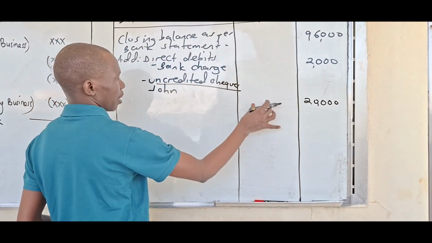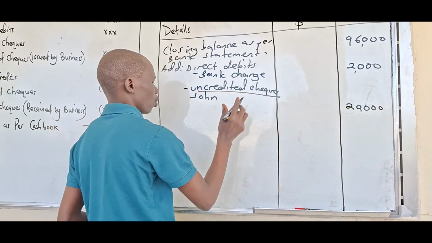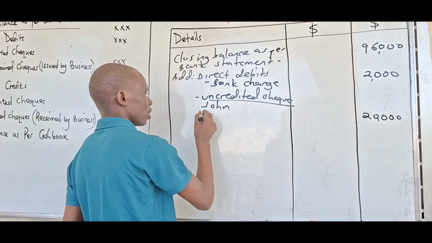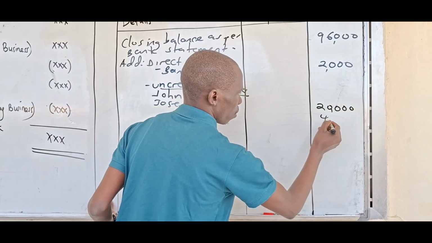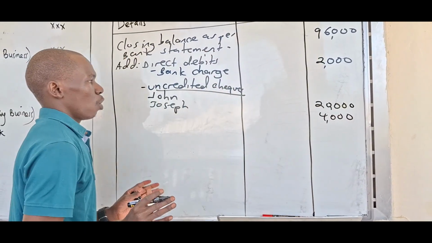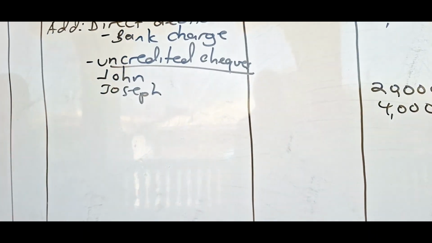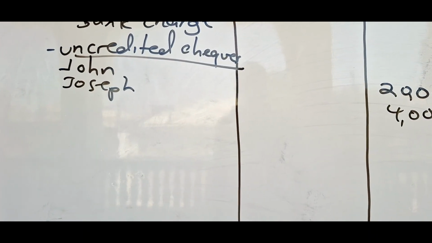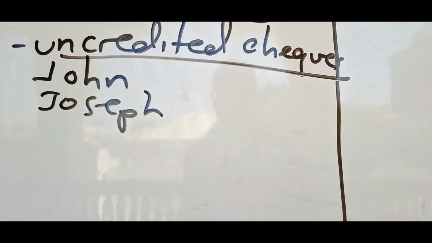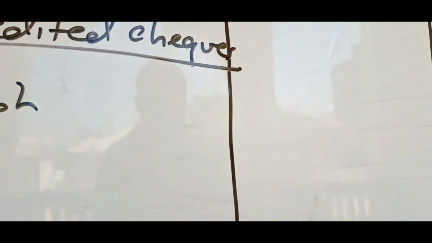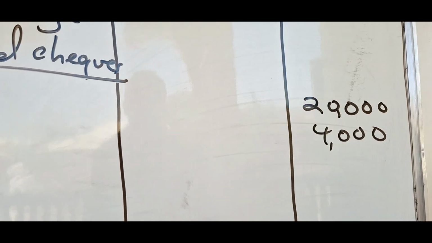Or you can first add from here and then you take the other side, no problem. Then you can put for Joseph, how much? 4,000. We are adding back that amount. Yes, they have not yet credited that account, but they will credit it as time goes on. But here, for reconciliation purposes, we have to first add back that amount.